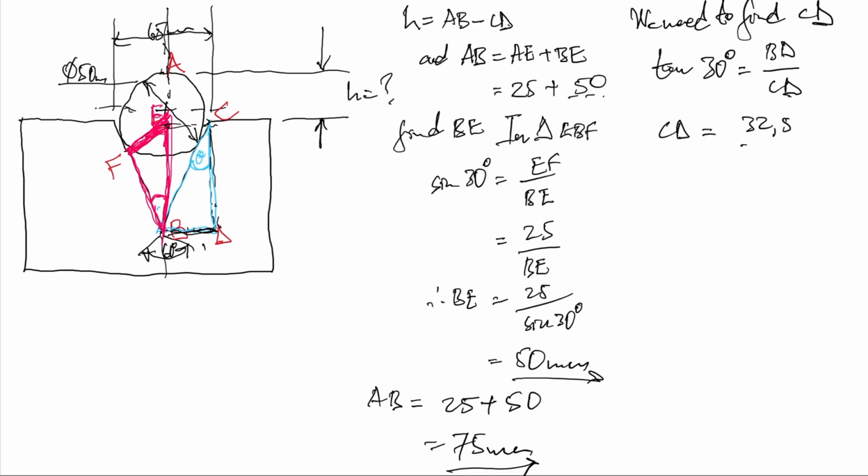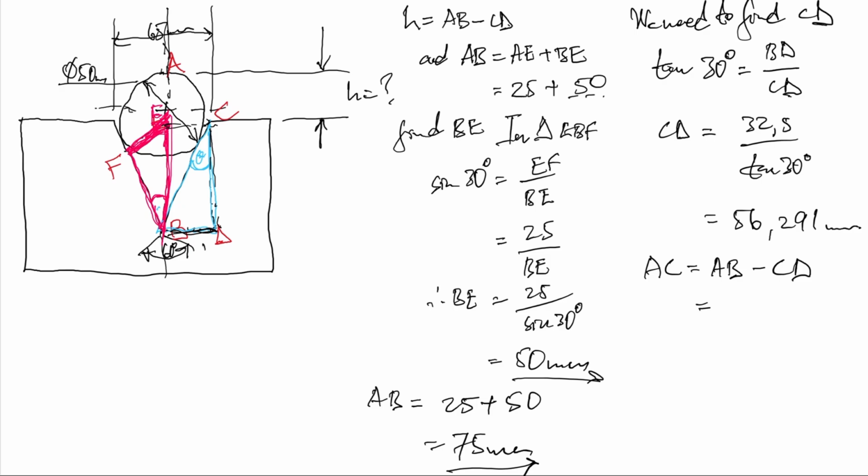So 32.5 divided by tan of 30 degrees. Now you've got that, CD will give you 56.291 millimeters. Now if you go back to our formula, I said AC is the same as your height. So AC is equal to AB minus CD.